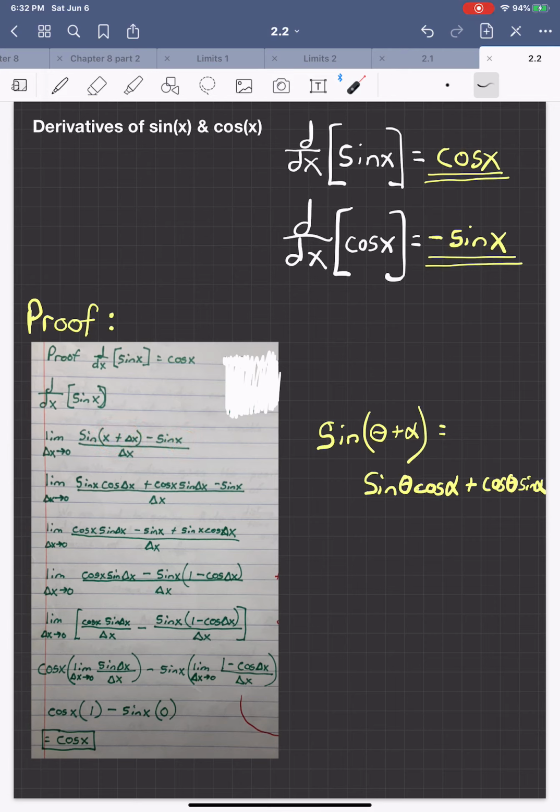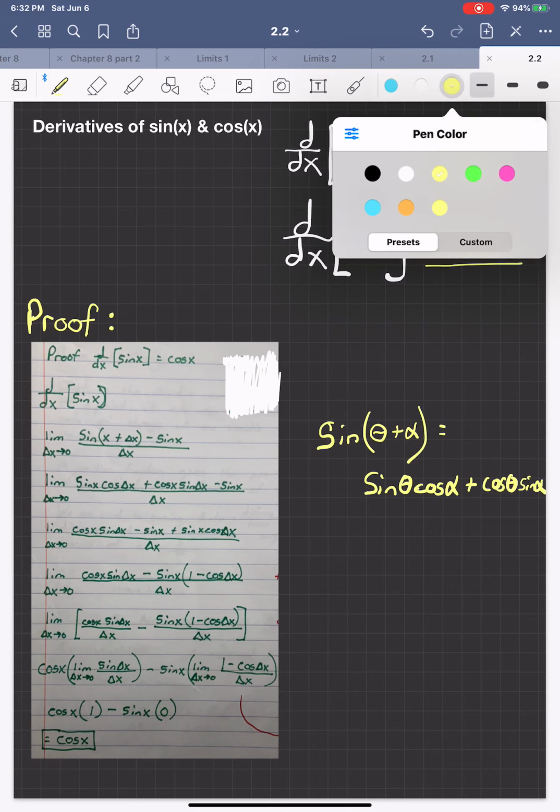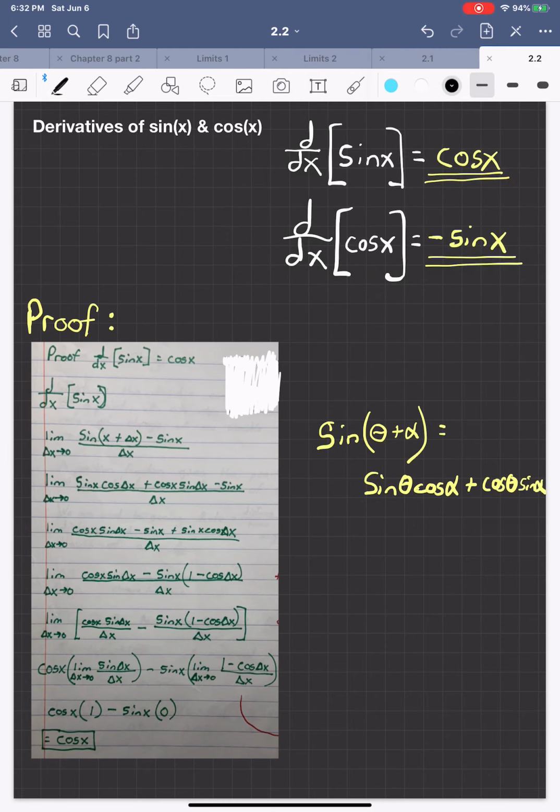So in this case, just applying this little rule off to the side, your theta would be your x plus delta x, and your alpha would just be x. Did I do that correctly?